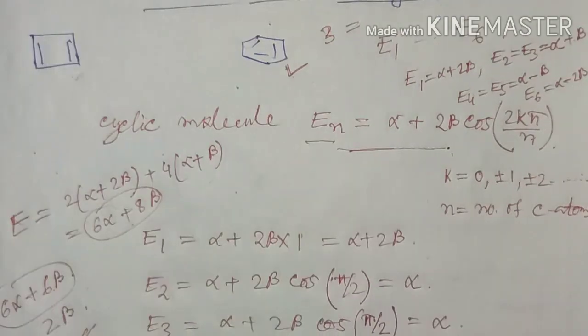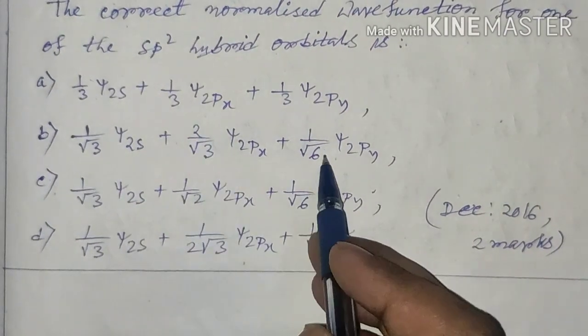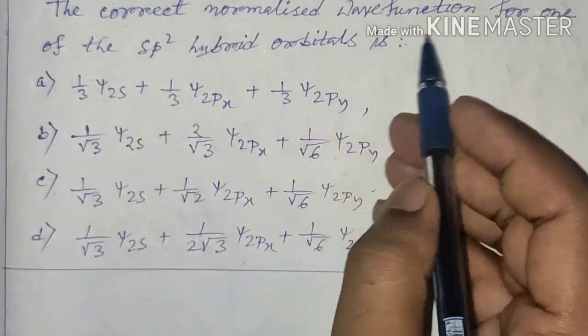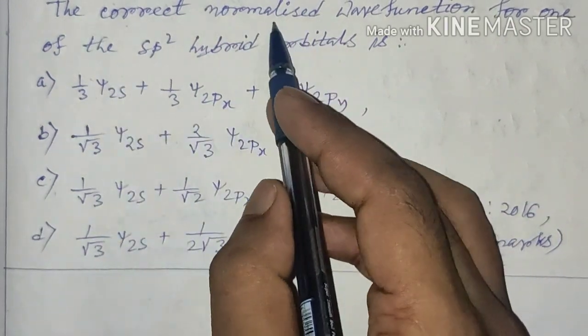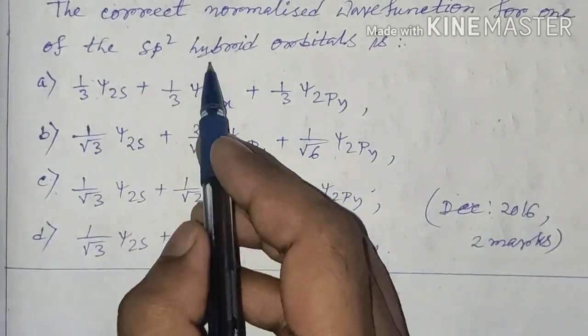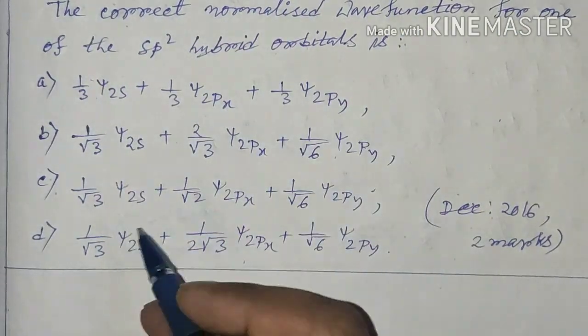Next, let's solve how to calculate the normalized hybridized orbital from a given wave function. Now this is the given question. We have to identify the correct normalized wave function for the sp2 hybrid orbital from the 4 options.